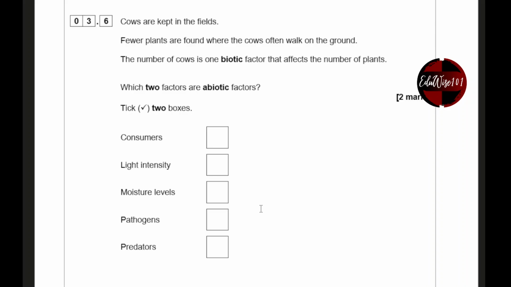Cows are kept in the fields. Fewer plants are found where the cows often walk on the ground. The number of cows is one biotic factor that affects the number of plants. Which two factors are abiotic factors? Now, abiotic means non-living.